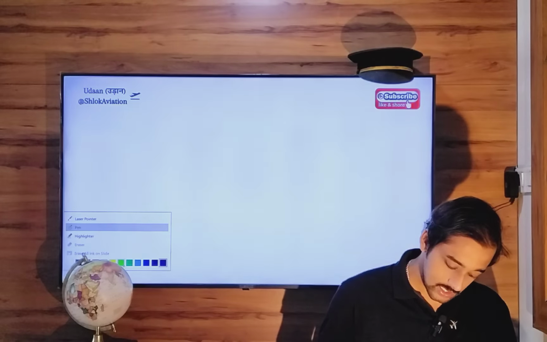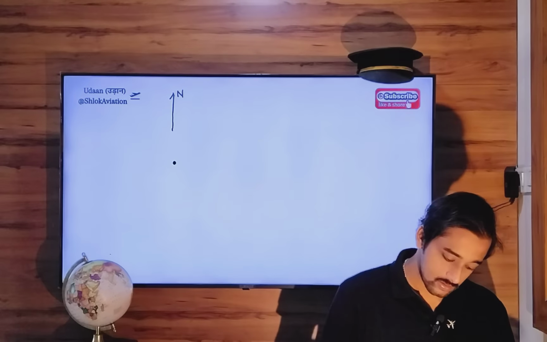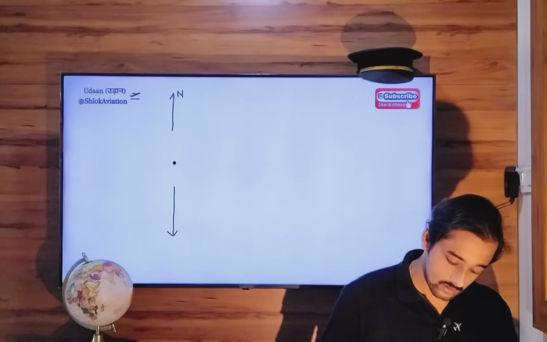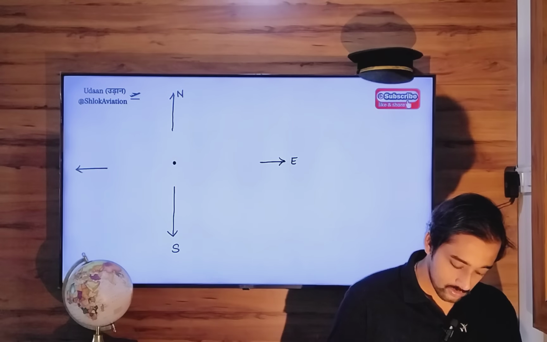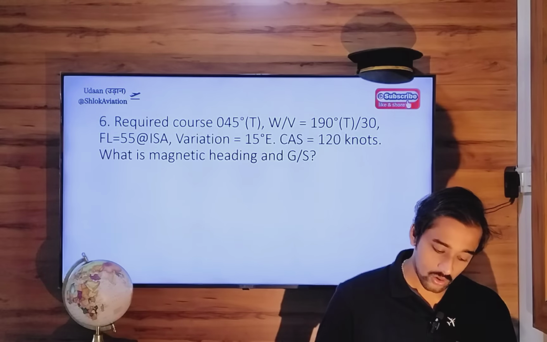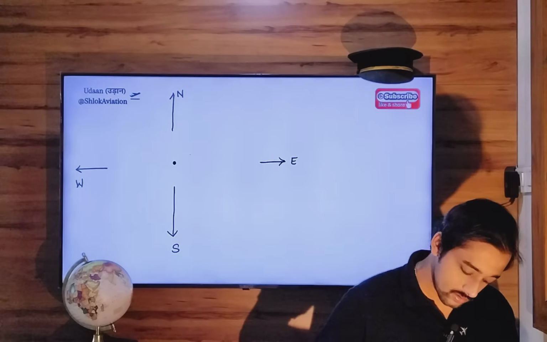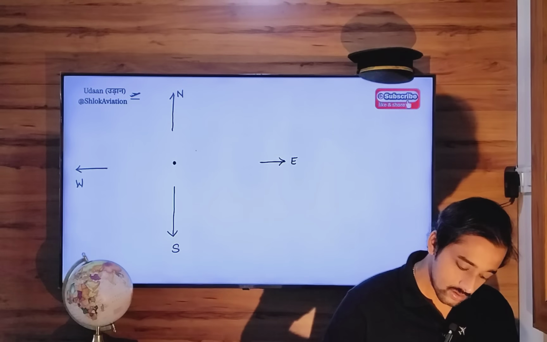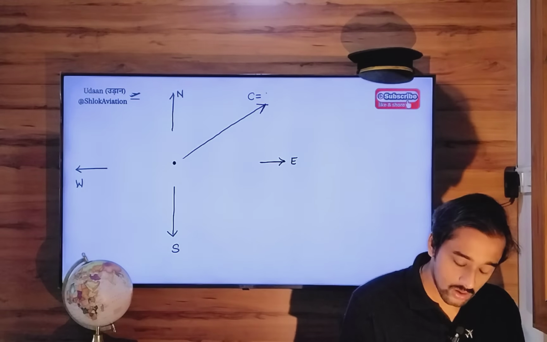So let's plot this. This is your northerly direction, east and west. So your true course is 045 degrees. Course 045 true.